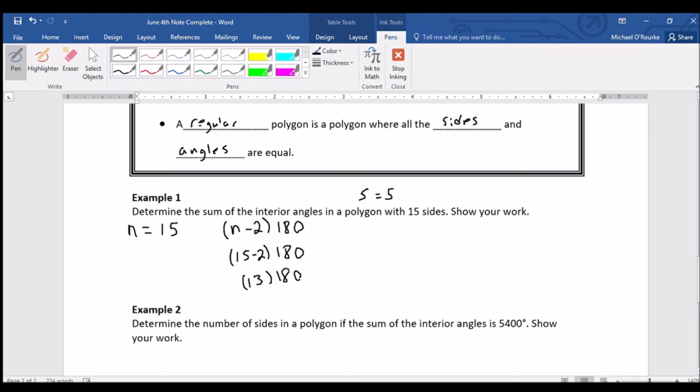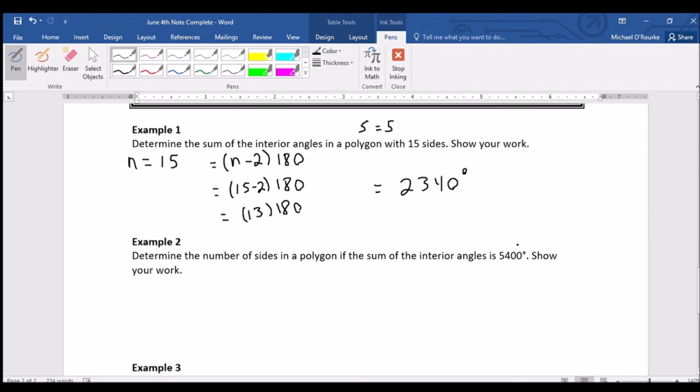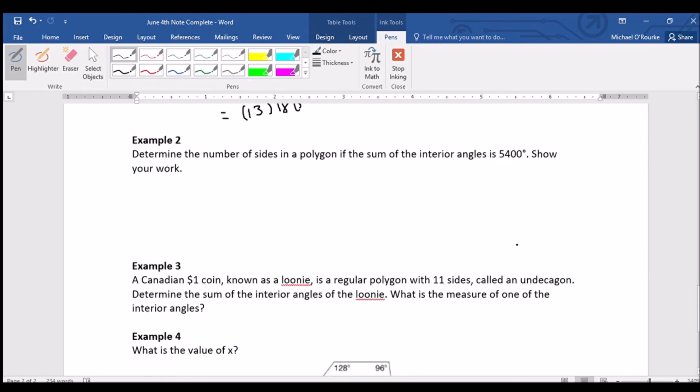Let's grab my calculator real quick. 13 times 180 equals 2340. So we've got to put equal signs on these ones. Equals 2340 total interior angle. Good. Now if we wanted to get how much one angle is, we'll do that later.